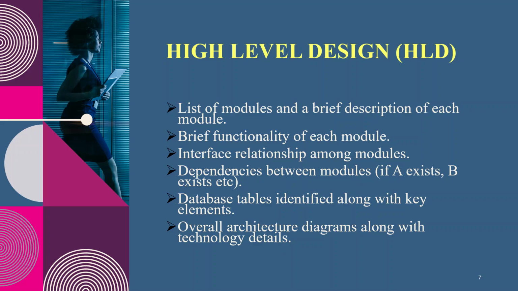High level design. While preparing the high level design, these things need to be contained: list of modules, brief description of each module, brief functionality of each module, interface relation among modules, dependency between modules, database tables identified along with key elements, and overall architecture diagram along with technology details. Here you can see the word module.